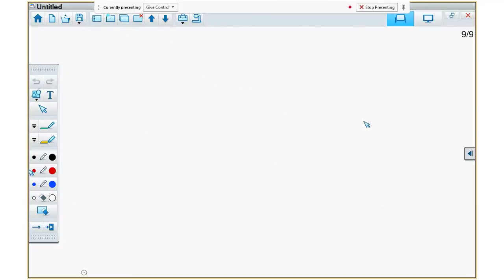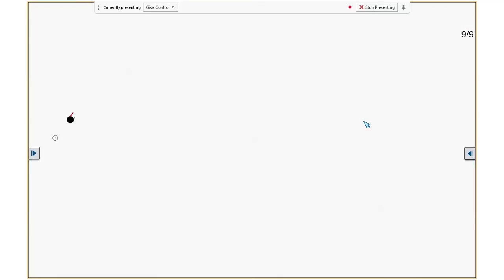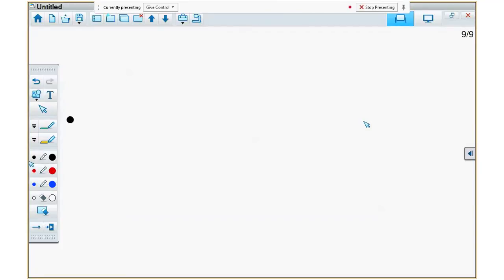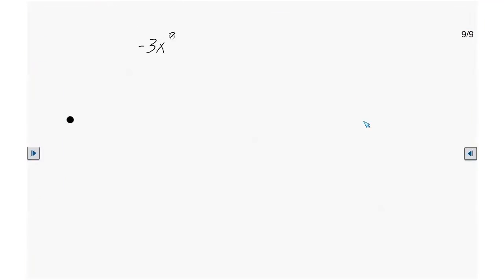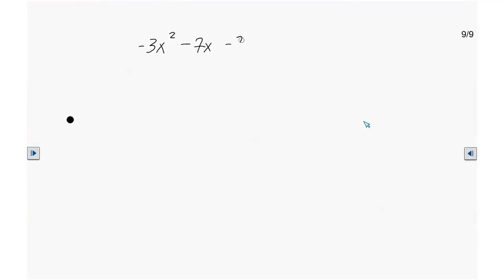So let's go with -3x squared minus 7x minus 2 is equal to 0.